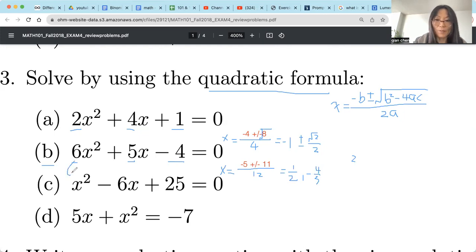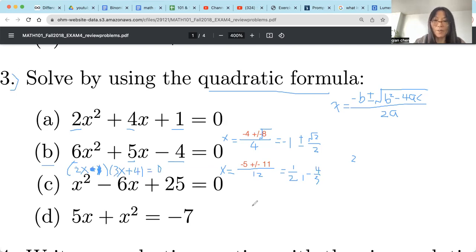So this can be factored as 2x minus 1, because I have a half as a solution, and 3x plus 4, because I have negative 4 over 3 as a solution, equals 0. But the question wants us to apply the quadratic formula.